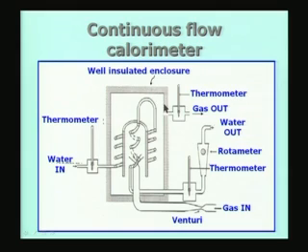So, the continuous flow calorimeter has a continuous flow of certain mass flow rate of gas and oxygen mixture coming in here, and it has a continuous flow of certain amount of water coming in at a lower temperature, and it moves out at a higher temperature, and similarly the gas comes in, the combustion takes place, the entire amount of heat is released and it goes out at a slightly higher temperature out of the system.